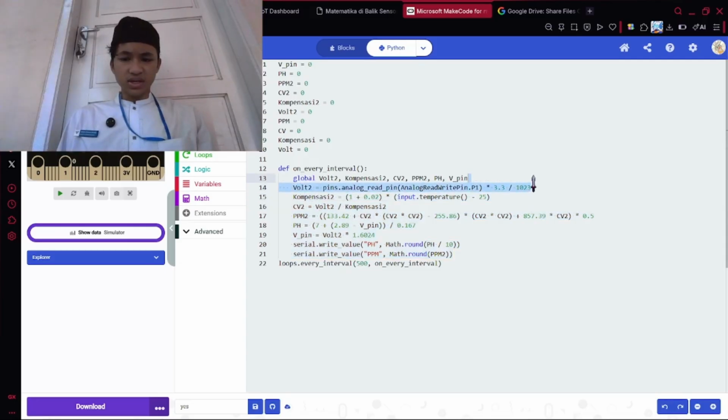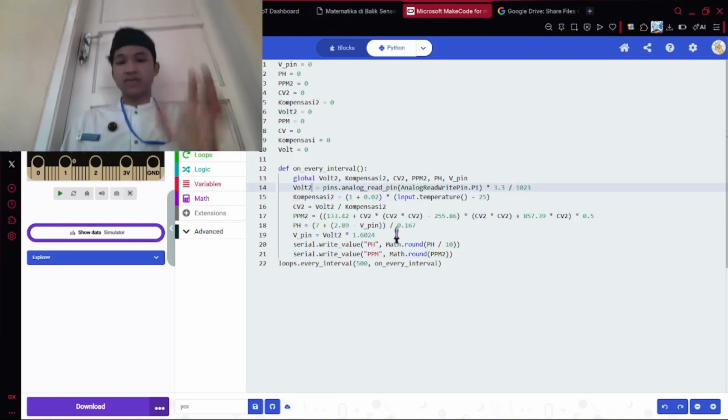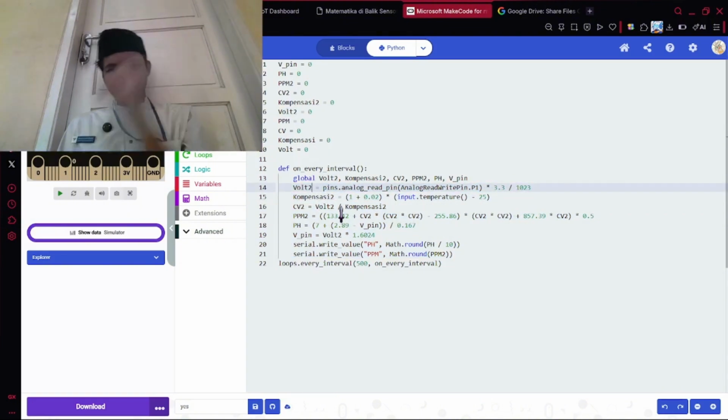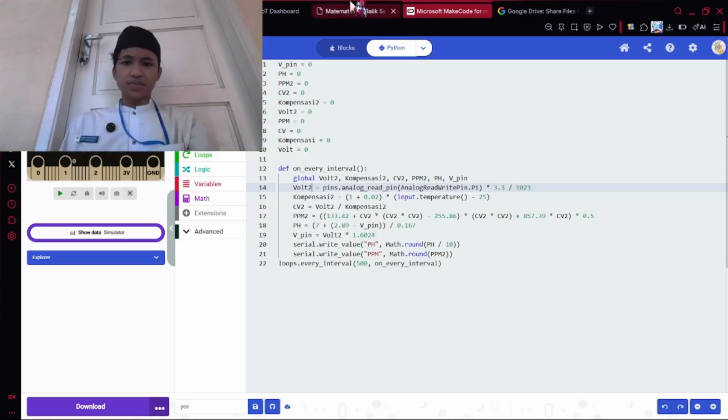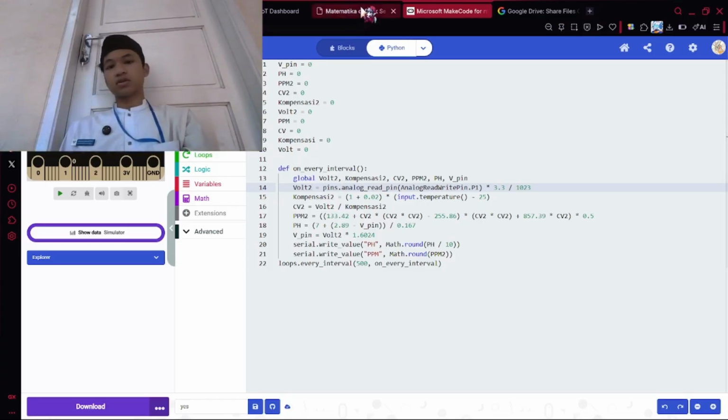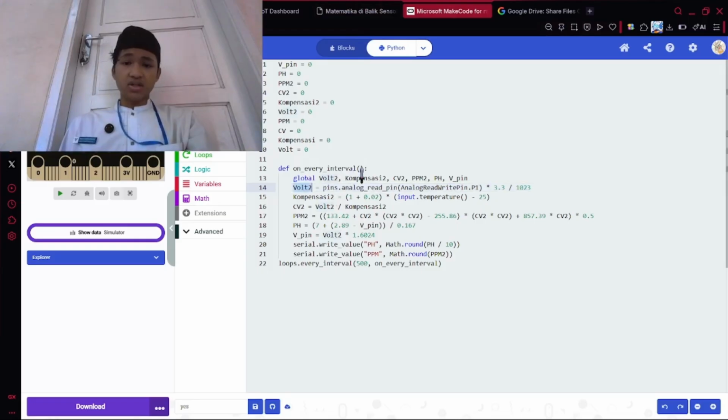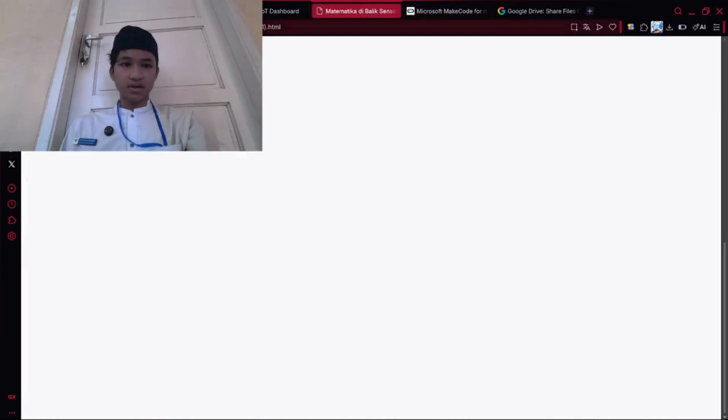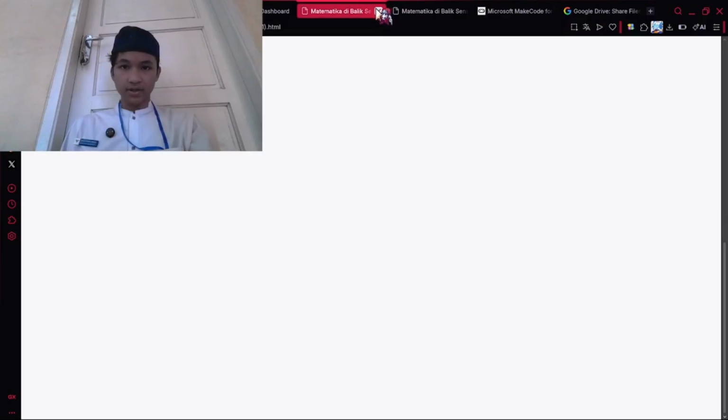So the first line of code is volt, or you can just set it as volt. Basically, this variable is to get the volt number.